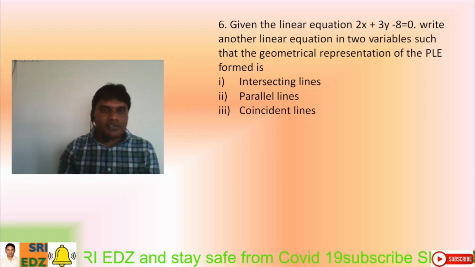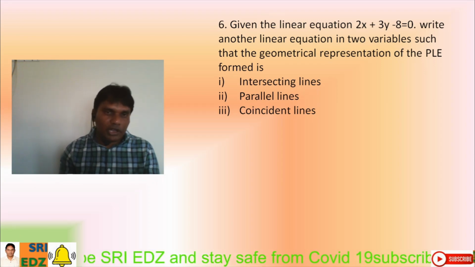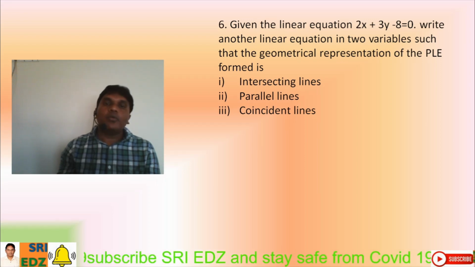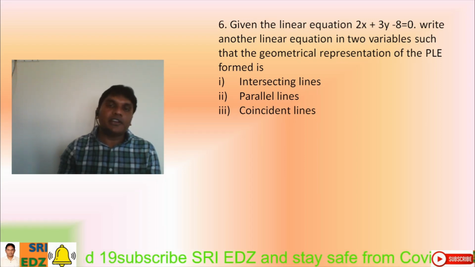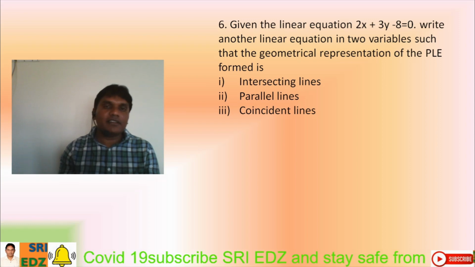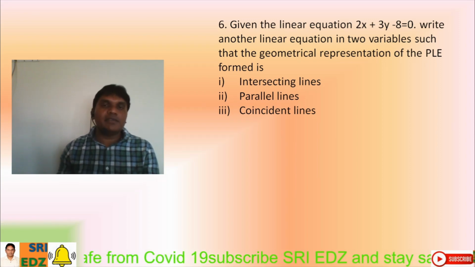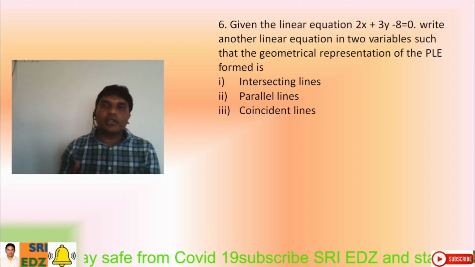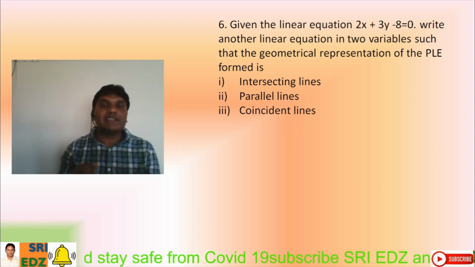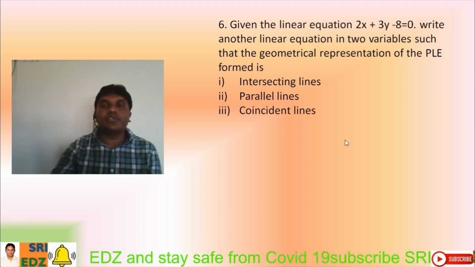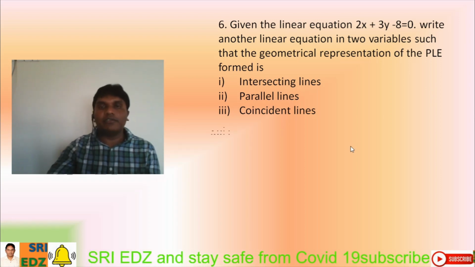One equation is given, and the second equation we have to write: one time it must give an intersecting line, a second time an equation that gives a parallel line, and a third time an equation that gives a coincident line. That means we just have to look at the coefficients and then we can decide.